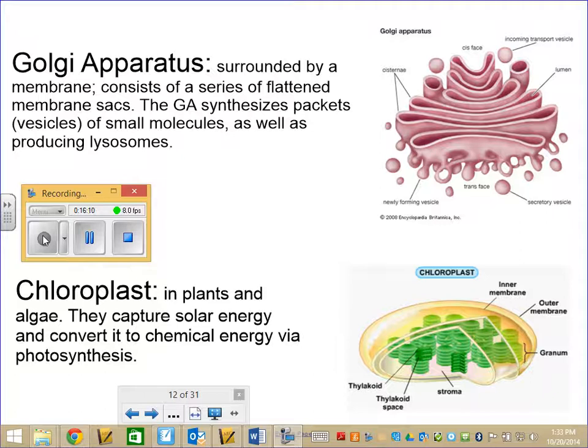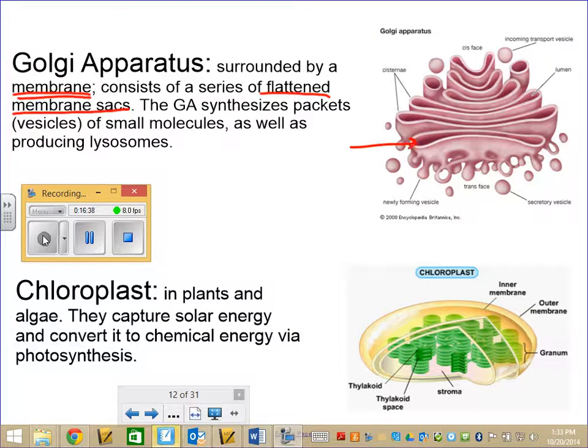So, in no particular order of importance, the first one we'll talk about is the Golgi Apparatus. The Golgi Apparatus, like most of the organelles inside of a cell, is surrounded by a membrane. What it really is, if you look at it closely, is a series of flattened membrane sacs.